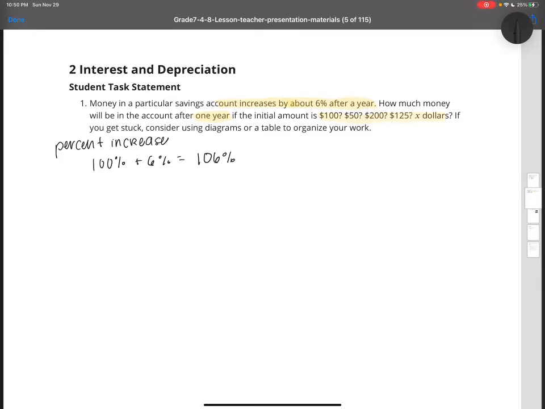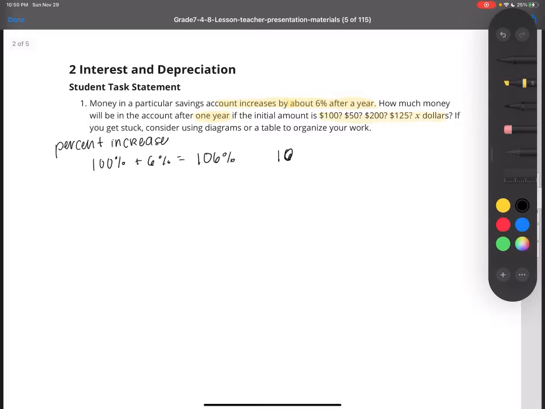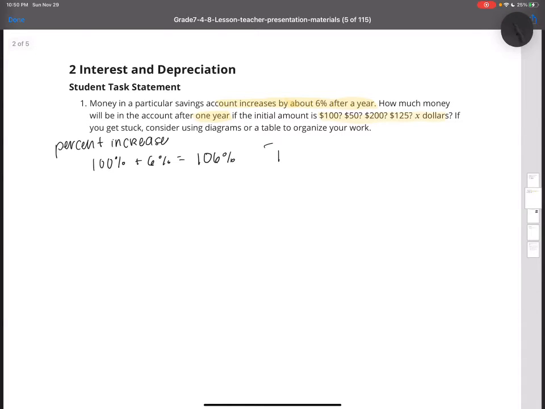So if we're trying to do math work with the percent, we need to convert it into a decimal, which we'll do by putting that percent over 100, which will be 106 divided by 100, and that would give me 1.06.